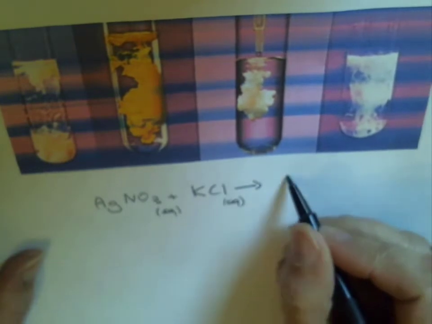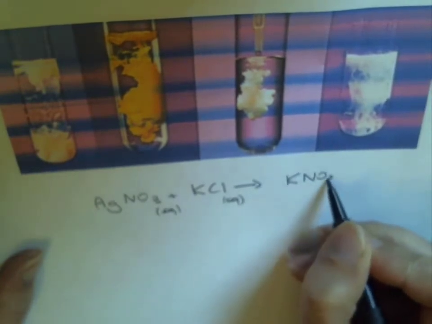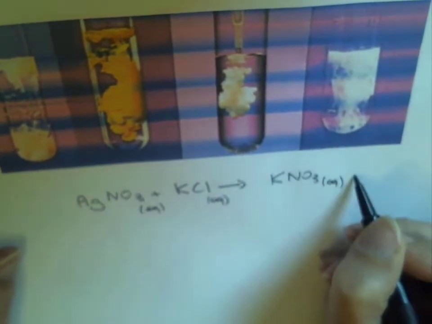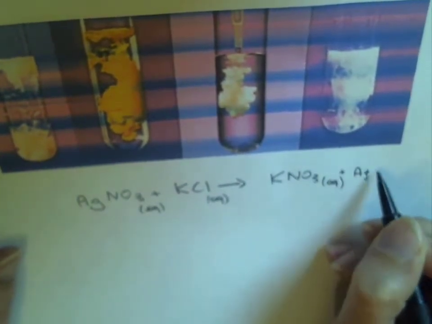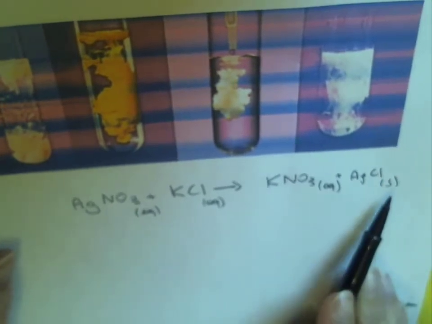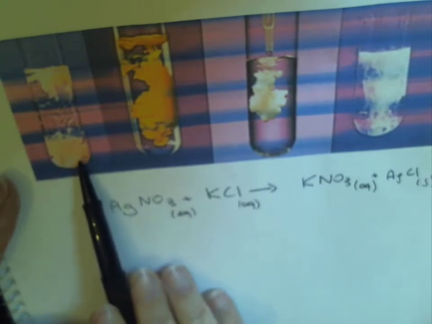They will form potassium nitrate, which is still a clear liquid, and silver chloride. And silver chloride will actually precipitate, and what we will see is something similar to this picture.